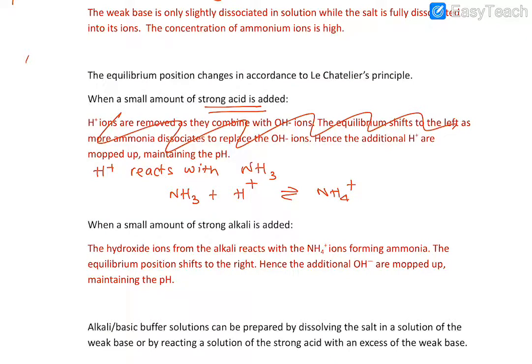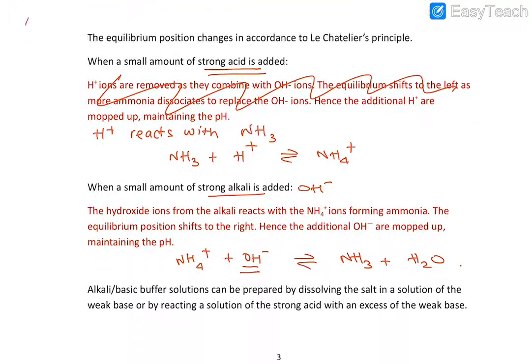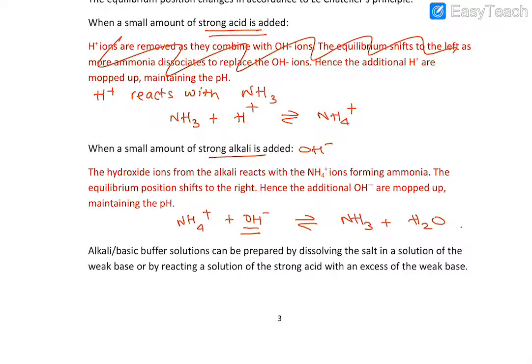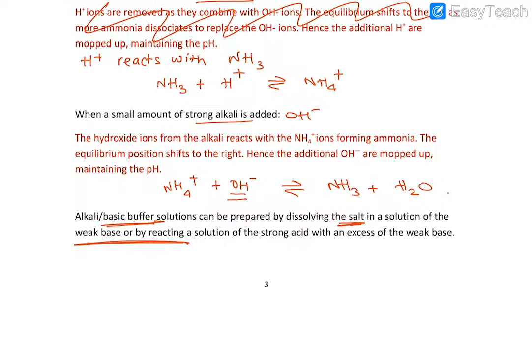When you add a small amount of OH minus, it is going to react with the NH4 plus and give NH3 plus water. So any excess OH minus is mopped up, and the pH is again maintained. A basic buffer is prepared by dissolving a salt in a solution of weak base, so you have the weak base and its conjugate acid.